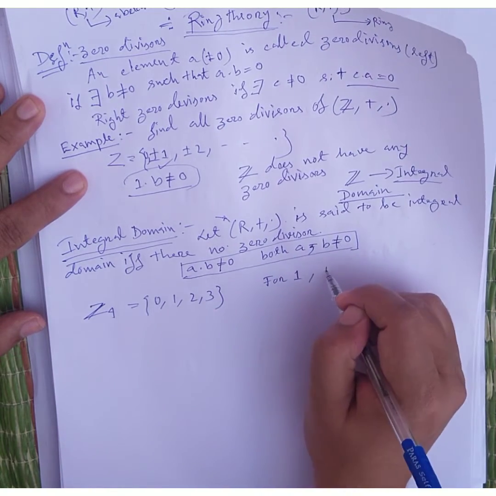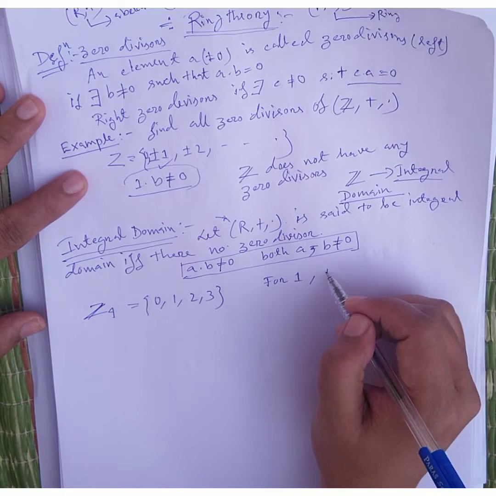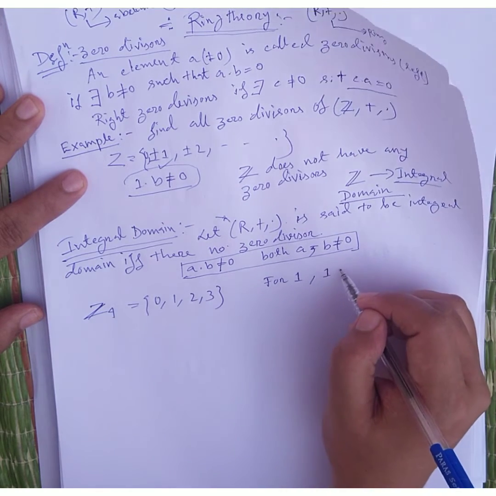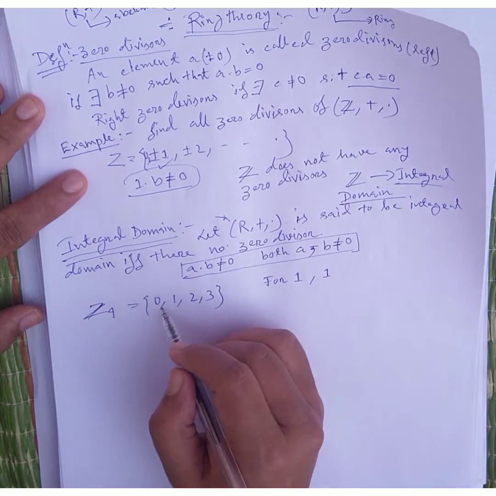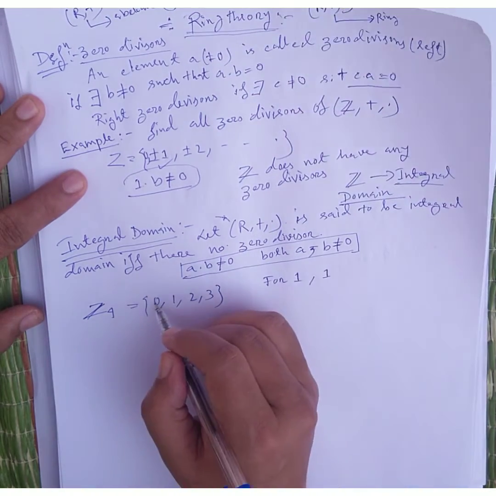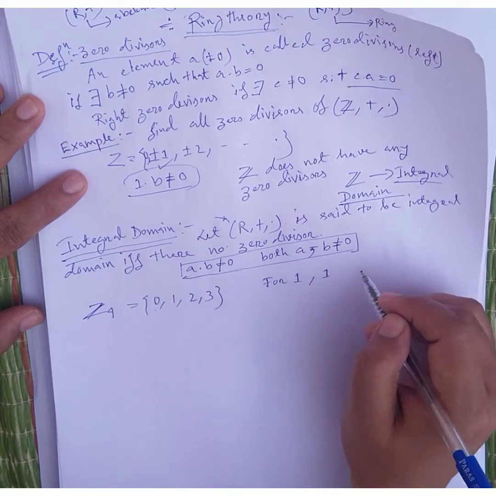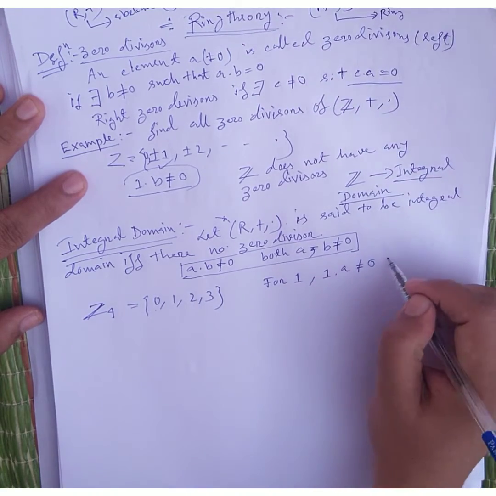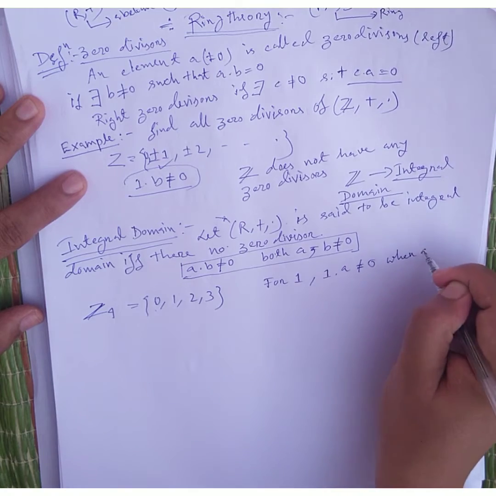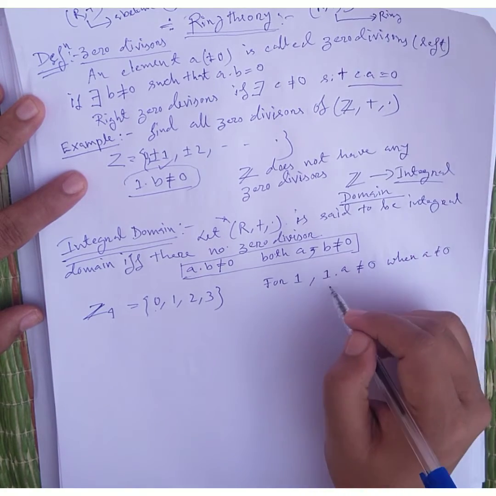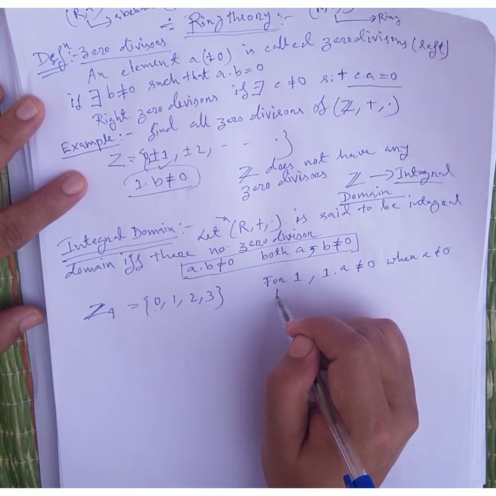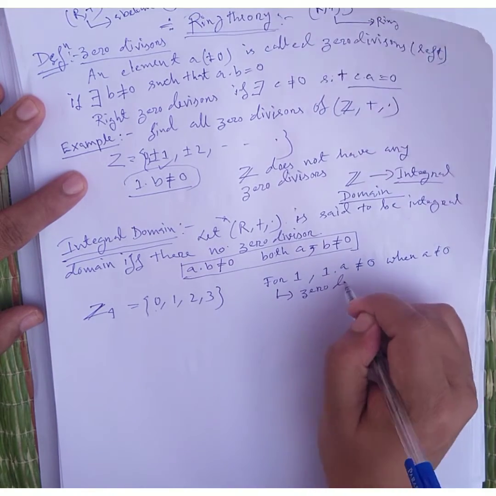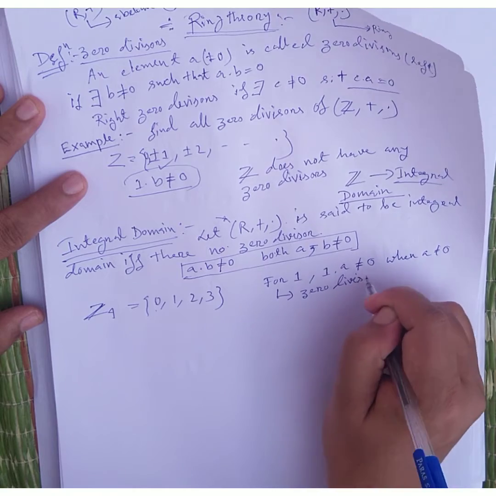For 1, you will not get 0 with any multiplication except by 0. a·1 ≠ 0 when a ≠ 0. So you cannot get any such number. So 1 is not a zero divisor.